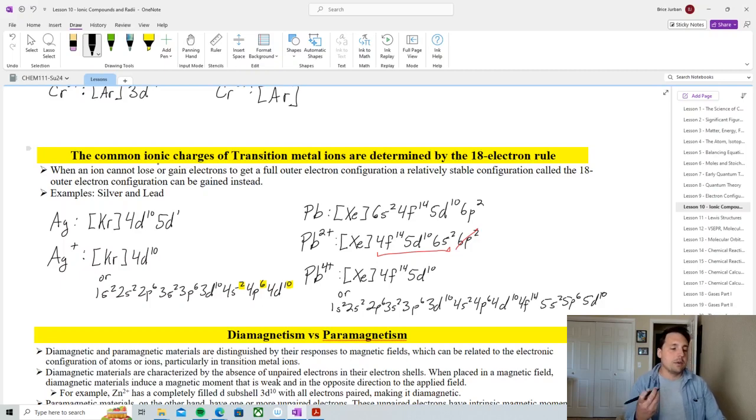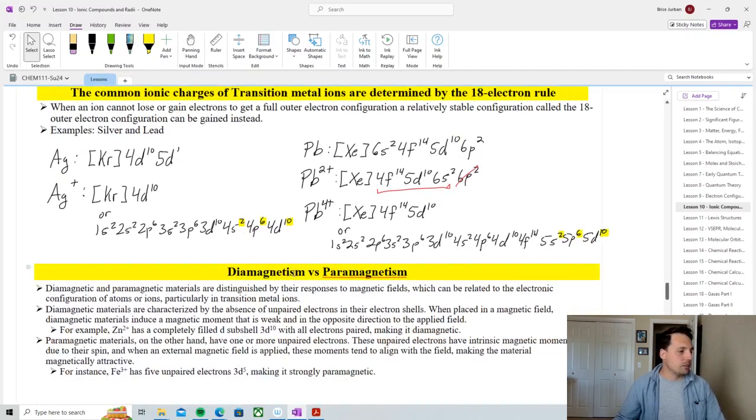It's not readily apparent when you write it in the short form notation, but here we can see it: 5s2, 5p6, 5d10. Okay, now you're ready for inorganic chemistry. That's what some of the graduate students told me when I was teaching this.